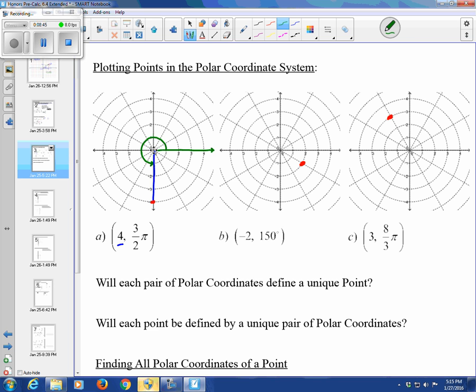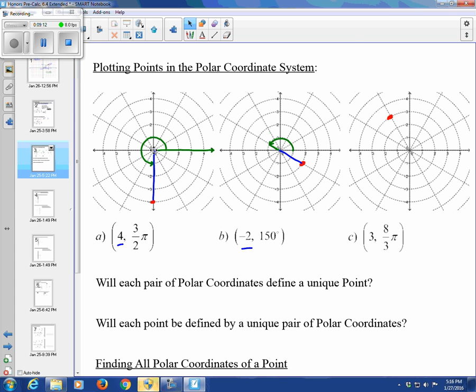If we're looking at B, we've got a rotation of 150 degrees, so that's a rotation that's all but 30 degrees of 180. And now what we want to take note of is that our R value is a negative 2, so instead of us traveling forward 2 units, we're going to be traveling backwards into the fourth quadrant 2 units, and that takes us to our second point right there.